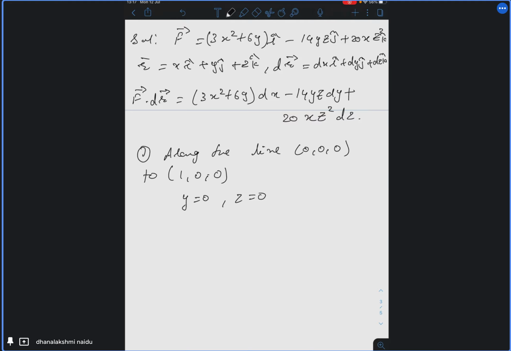This is constant, it is not changing. Is it or not? Yes, ma'am. So dy is also 0 and dz is also 0. And what changes? x changes, from 0 to 1.